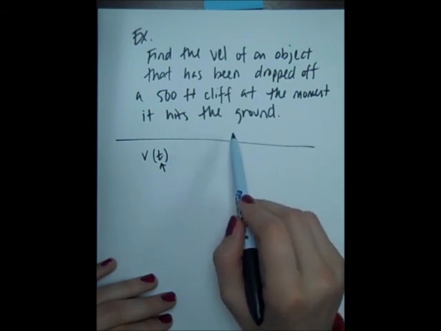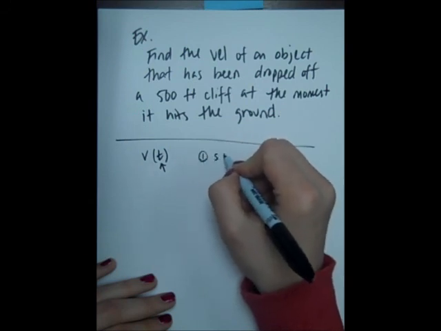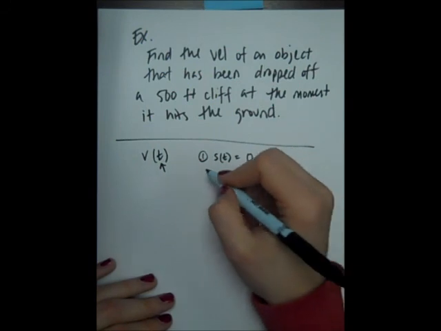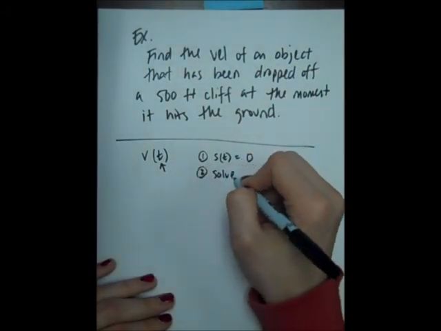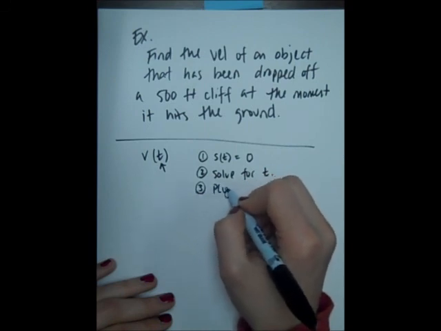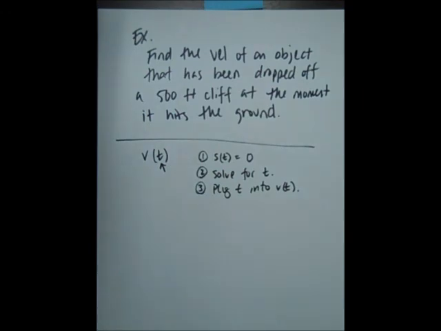When it hits the ground, the position is 0. So I'm going to figure out when s of t is equal to 0, solve that for t, then plug that into v of t.